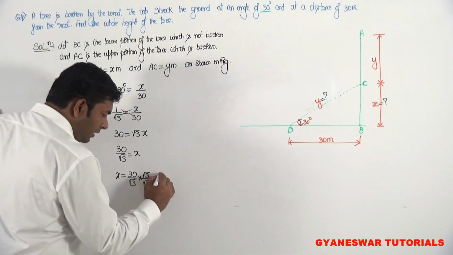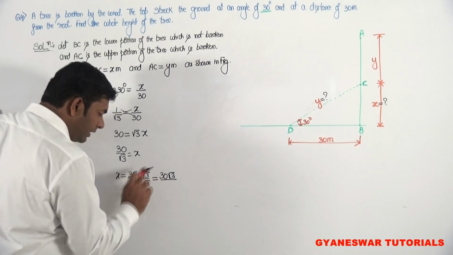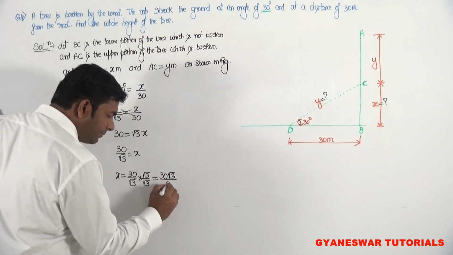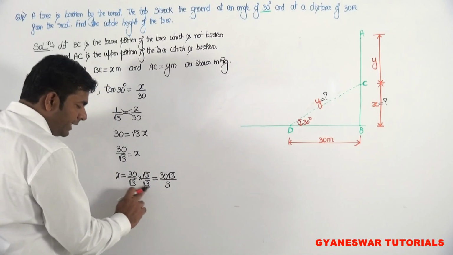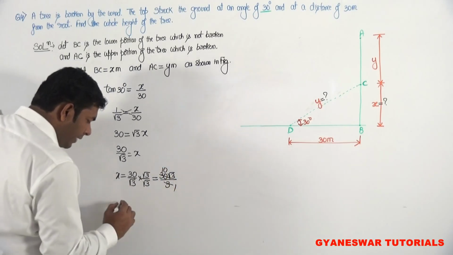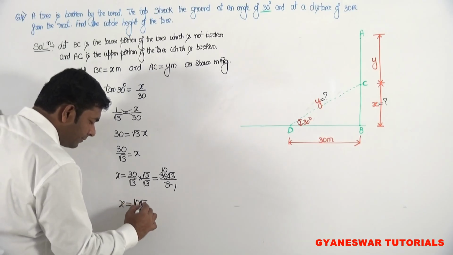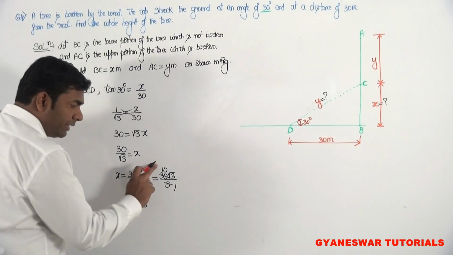Then 30 into root 3 by root 3 into root 3, which is 3. Root 3 into root 3 is 3. 3 ones are 3, 3 tens are 30. So x is equal to how much? 10 root 3.